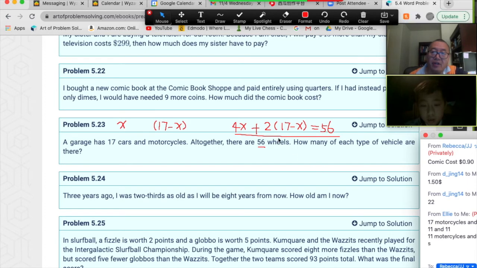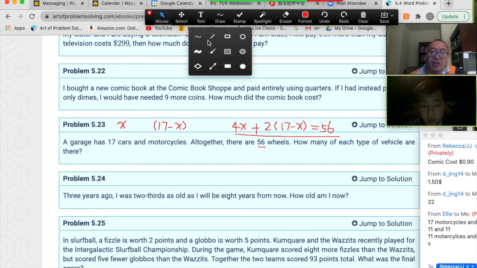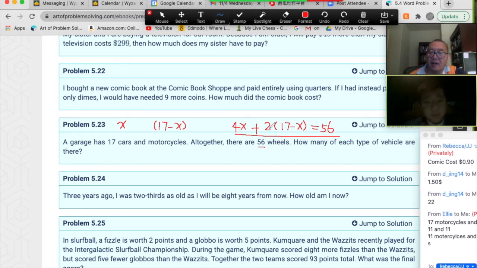So here, each term is an even number, right? So that means you have a common factor 2. So now let's divide each term by 2. We can convert this to 2x plus 17 minus x equals 28, right?